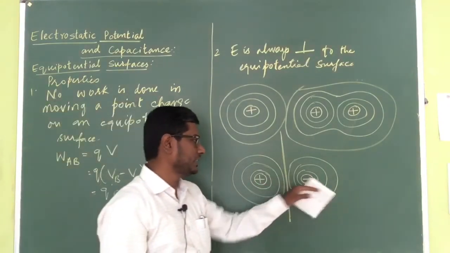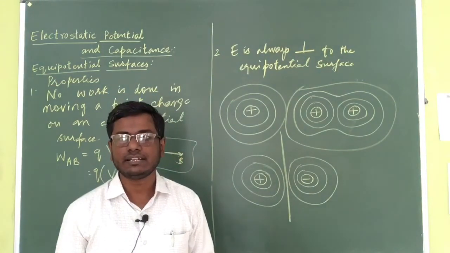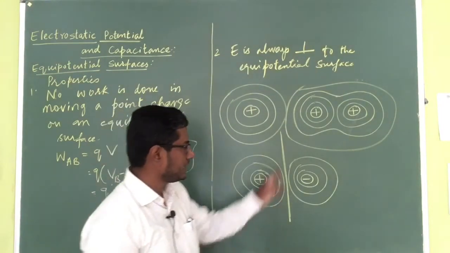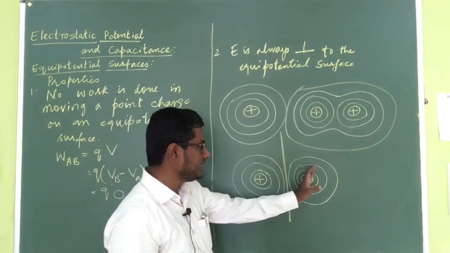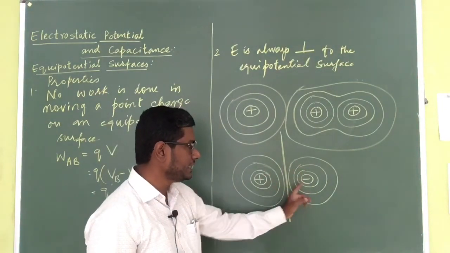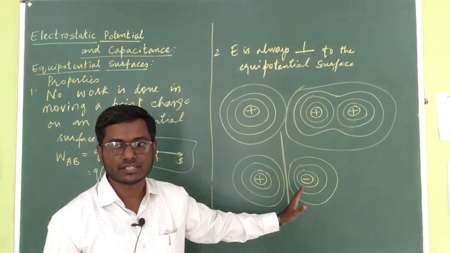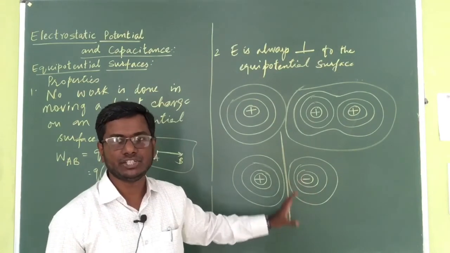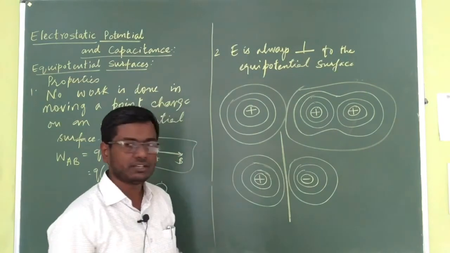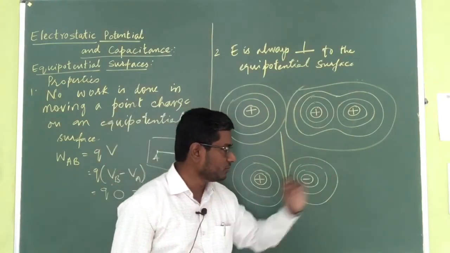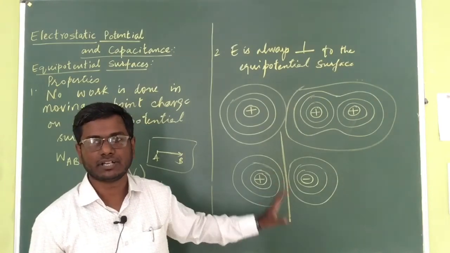The equatorial line passing through the center of the dipole will always have zero potential. So these two sets of equipotential surfaces never meet or intersect each other. The positive potential remains independent, and the negative potential also remains independent.